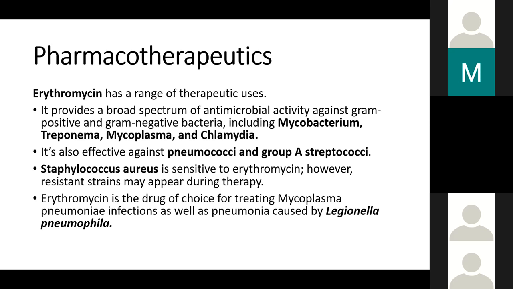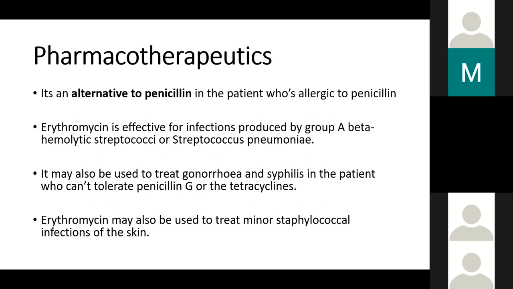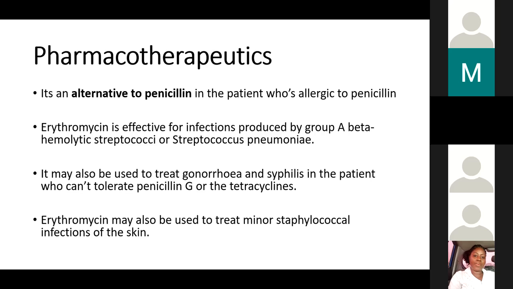And then we also have Legionella pneumophila, which causes pneumonia in hospitalized patients. So generally, the macrolides are used as an alternative to penicillin in patients who are allergic to penicillin. And so you realize that the spectrum of activity is similar.